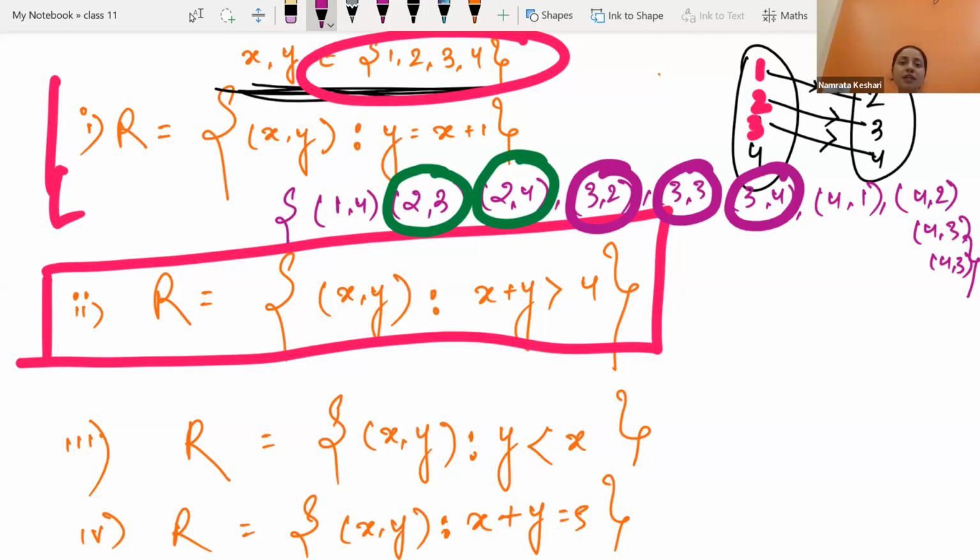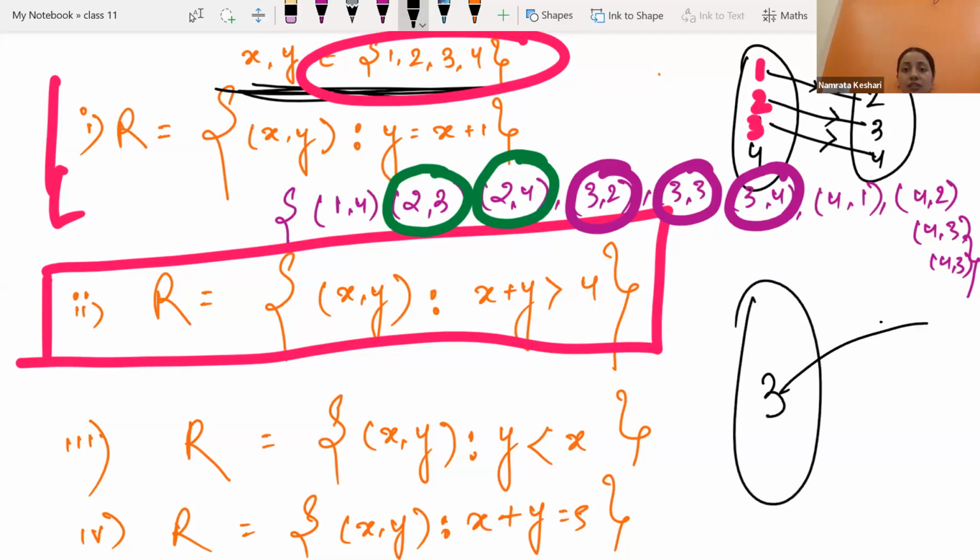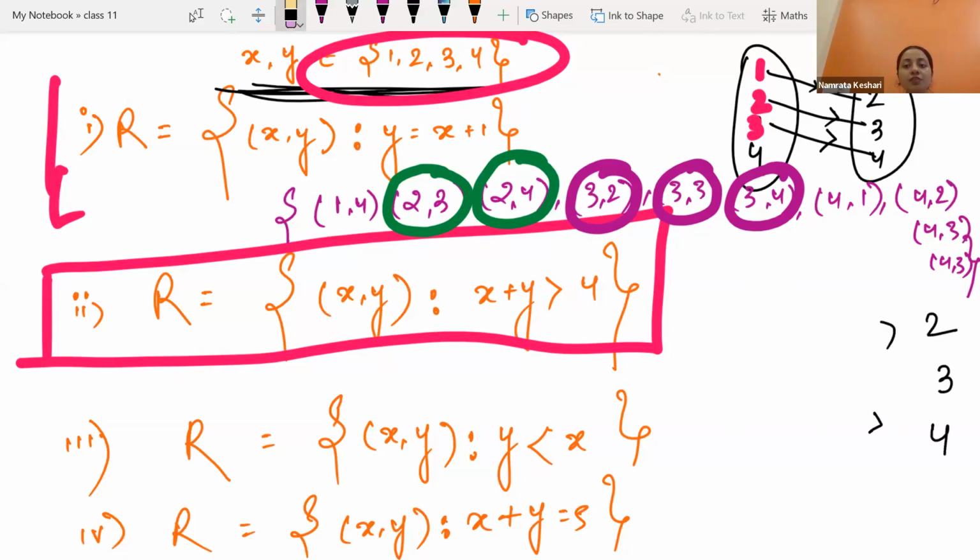But if the first element is matching, 3 3 3, then we will take a pause and say that rule number 2 is not getting verified. Why? Because the same 3 is giving the image as a 2, the same 3 is giving the image as a 3, and the same 3 is giving the image as a 4. So one element is giving so many images; that is not possible in a function. Is it making sense? Yes, ma'am. Okay. So this is a relation, but it's not a function.